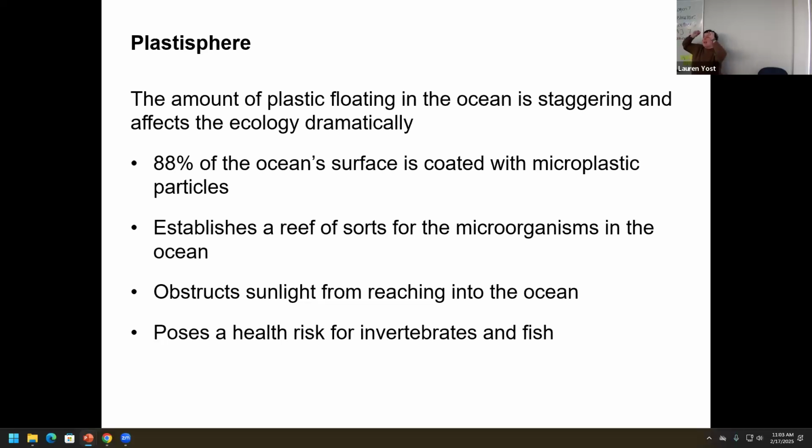88% of the ocean surface, 88%, y'all. 12% of it doesn't have plastic. We have islands of plastic literally larger than Texas that are floating out in the ocean right now. And those are the macro plastic islands, blocking all the sunlight underneath it so that organisms like plankton that are depending on sunlight for energy and things like that are no longer getting sun to them.